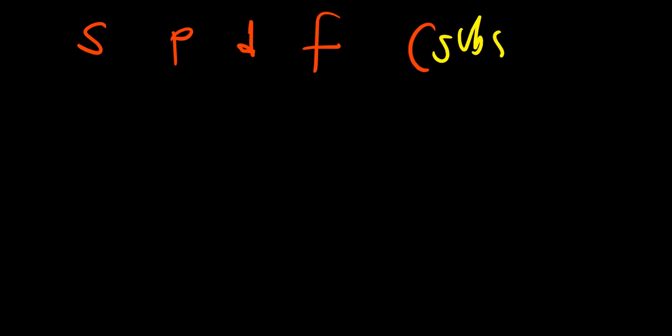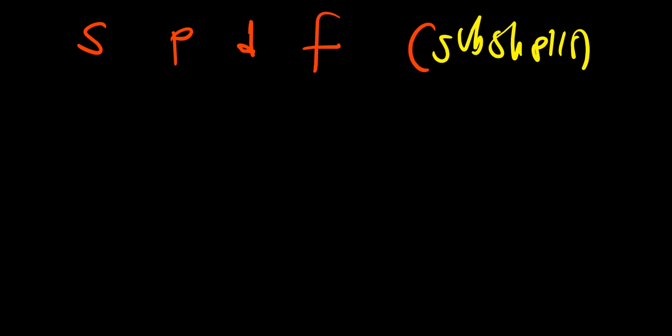Okay, so a subshell. We said we've got an S, a P, a D, and an F. These are called subshells, like we earlier said. Now the subshell defines the shape of a particular orbital. The S has its own shape.